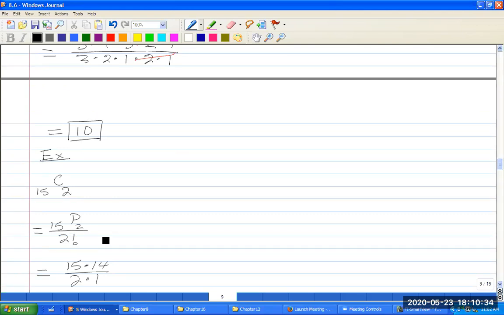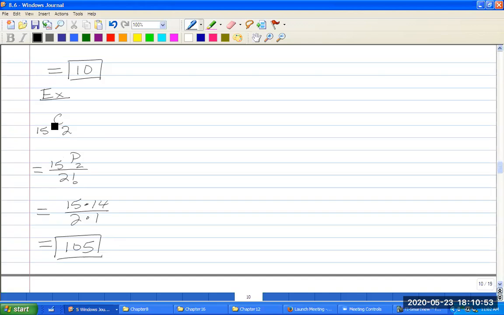Let me do as an example 15C2. Let me do this by hand, but let's do it a nicer way. 15C2 is just 15P2 over 2 factorial. To calculate 15C2, I do 15P2, which is 15 times 14, over 2 factorial, which is 2 times 1.